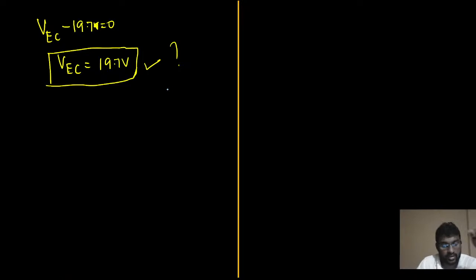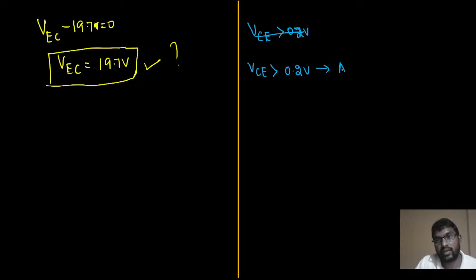When I said it in the first question, collector to emitter voltage, when you are estimating the value of collector to emitter voltage and that too is greater than 0.2 voltage. Okay, I'm repeating, sorry. Collector to emitter voltage should be greater than 0.2 voltage. If it is so, then this region is called active region.